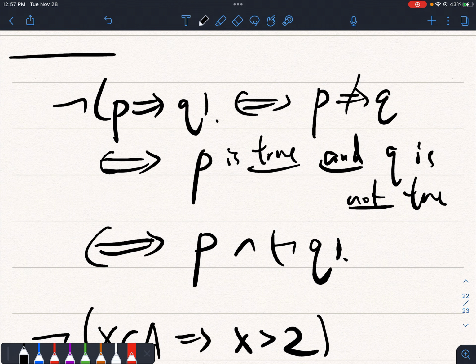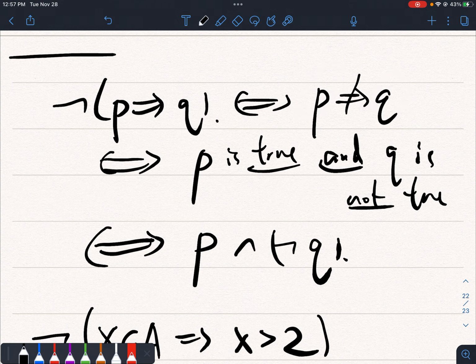And the reason for that is really hidden in the definition of not implies. Because just imagine what it means that a statement does not imply the other statement. This will only happen if the first is true and the second is false. It means the fact that the first statement is true cannot imply the second one is true, right? So this only happens when this is true and this is false.